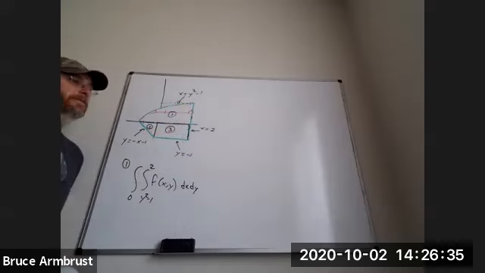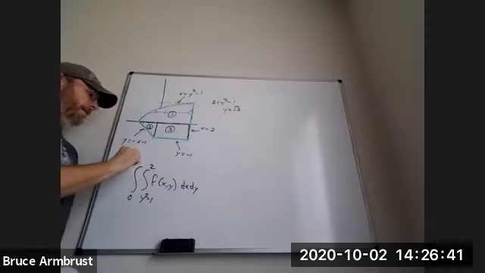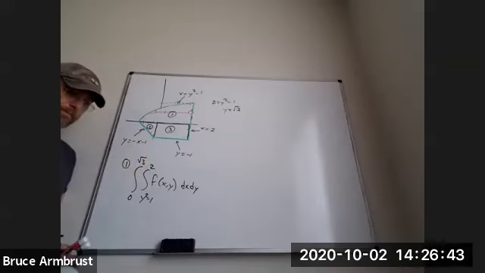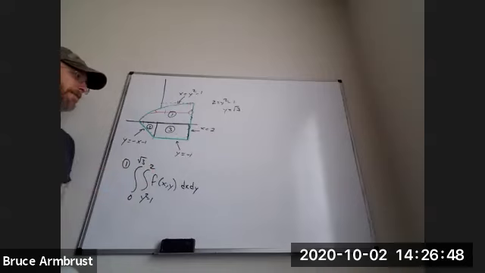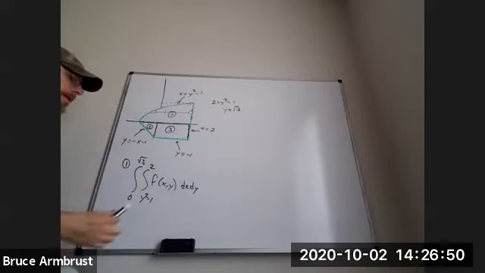Plug in 2 for x, solve for y. There you go. We know this is at x equals 2. It's an intersection point. So we get 2 equals y squared minus 1, or y equals the square root of 3. So there's the bounds for region number 1.